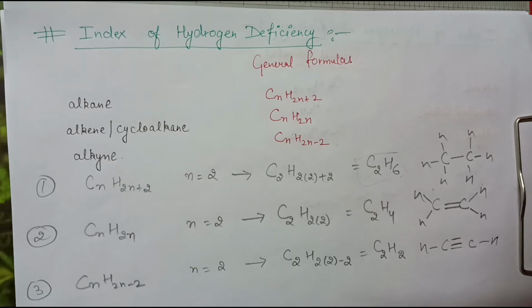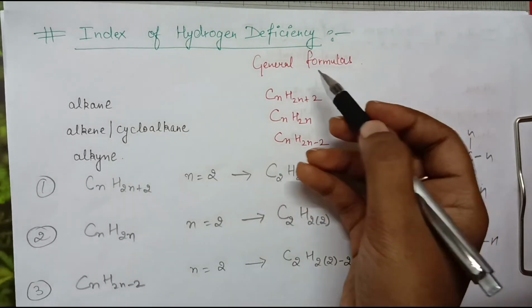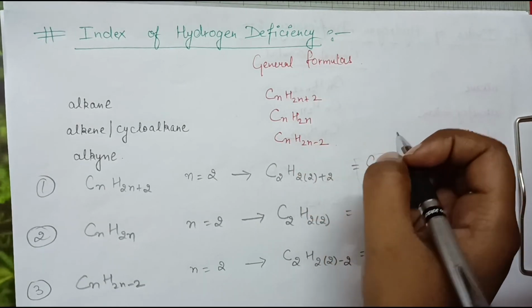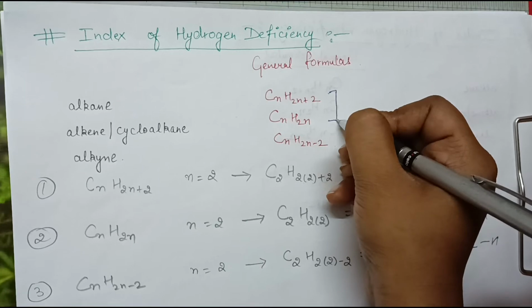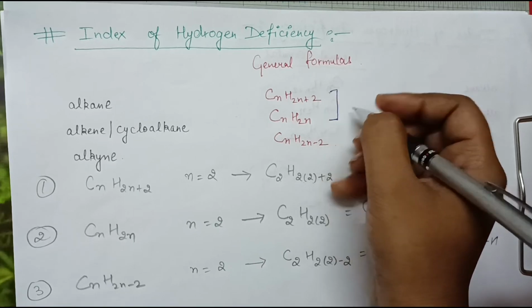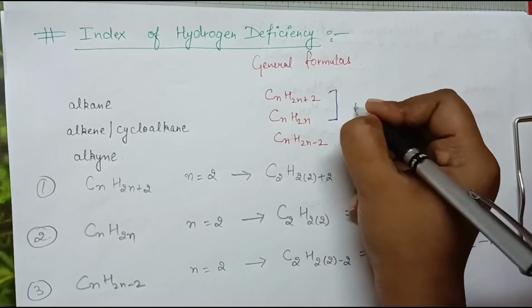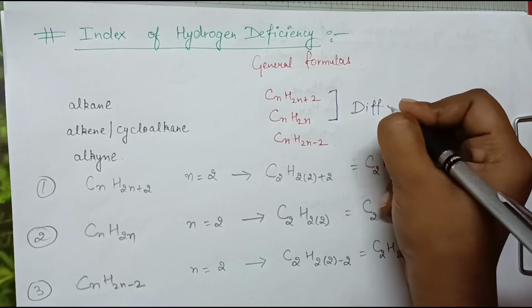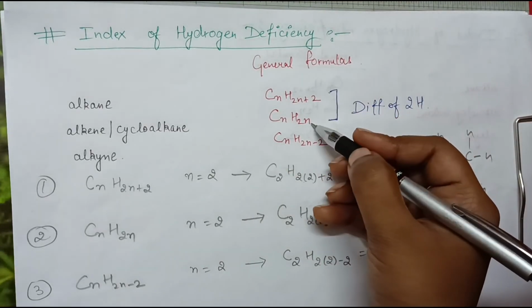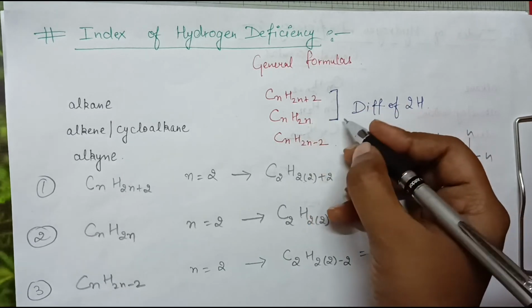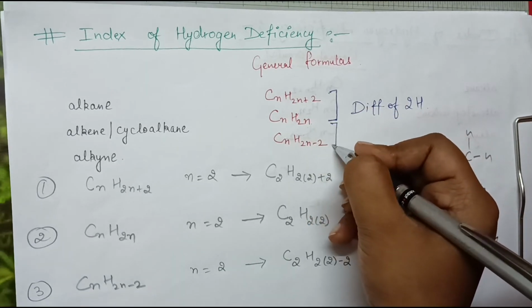Now this was with the help of an example. If we look at these general formulas, what we observe is when we move from alkane to alkene or cycloalkane, there is a difference of 2 hydrogens. 2 hydrogens are less in this case as compared to this one. Similar is the case from here to here.